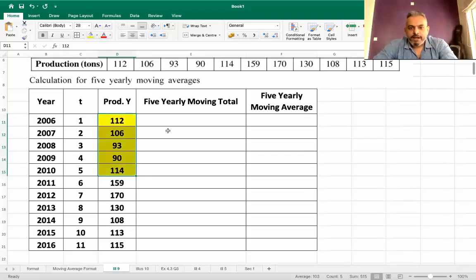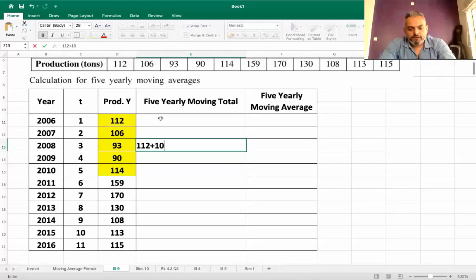I'll shade it. Now where will we write this total? Since there are 5 lines here, 1 2 3 4 5, we will write the total in the center-most line. Now 112 plus 106 plus 93 plus 90 plus 114, which is equal to, do it on the calculator, that comes to 515. Great, so we got 515.